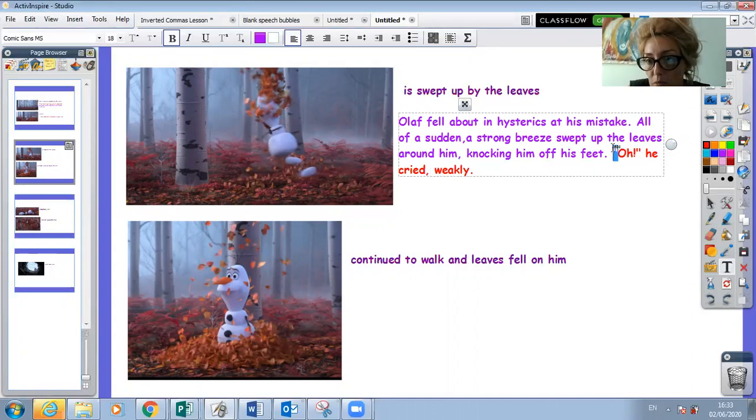So that bit there is my speech. Again, I've got my actions in purple and my speech in red. Look, I've only put the inverted commas around, oh, because that's the only thing he says. Olaf doesn't say this bit, he cried weakly, that's what he does. So that's actually an action, so technically that should be in purple.